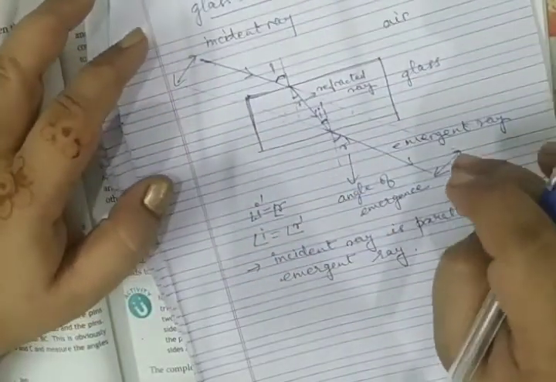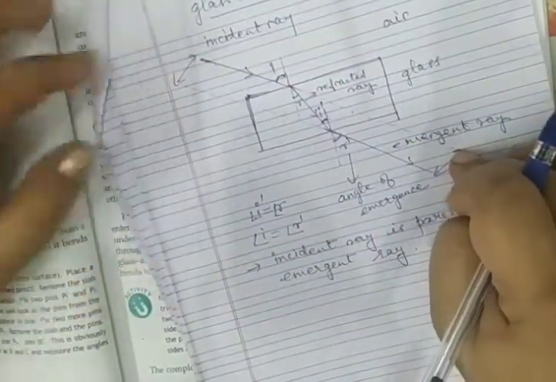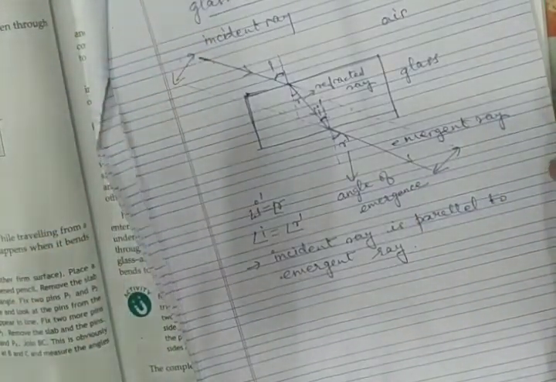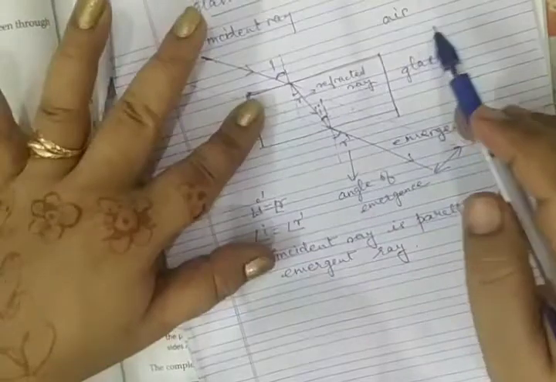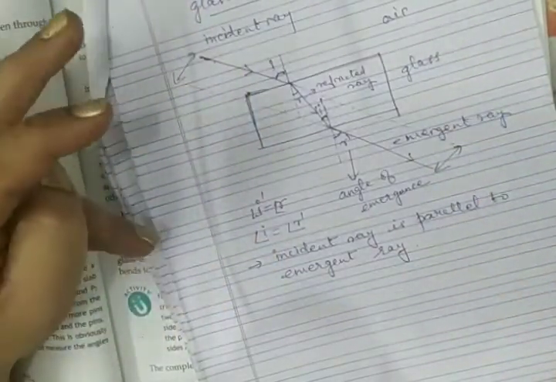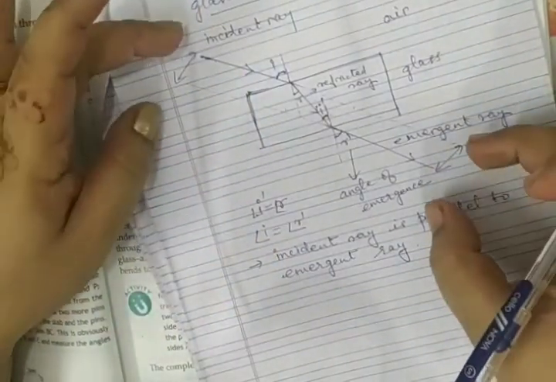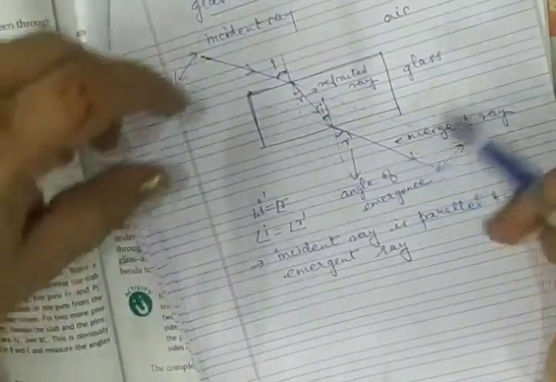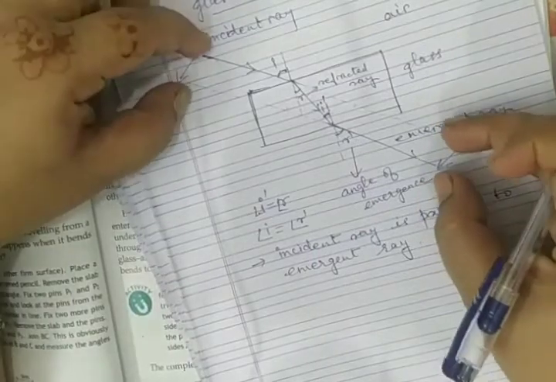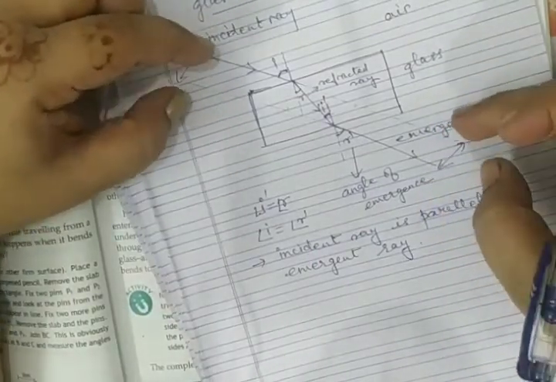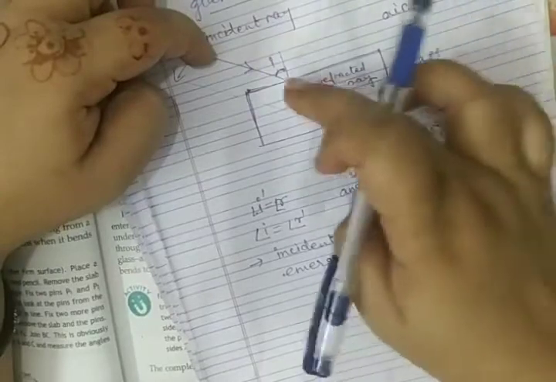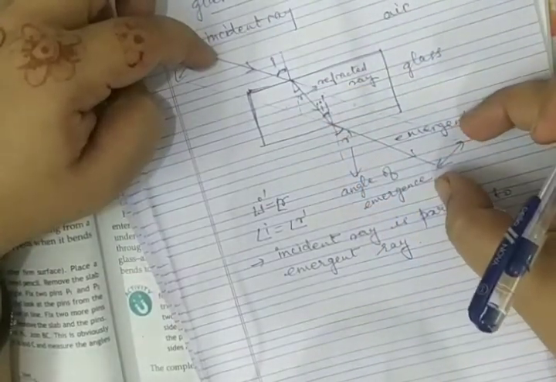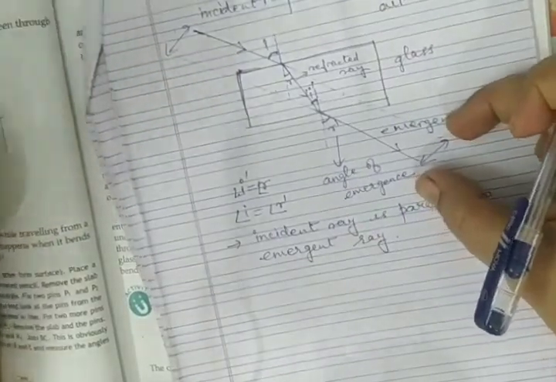If you are watching from here, you will see the shift over here and here. When you draw this diagram, I'll show you the experiment also that they have shown in your book. So actually the incident ray has been shifted by this much, from here or here, wherever you can measure. The incident ray was coming like this and the emergent ray is like this. So this much of shift has occurred in the emergent ray.